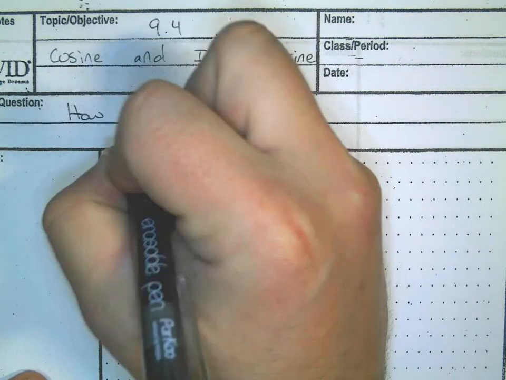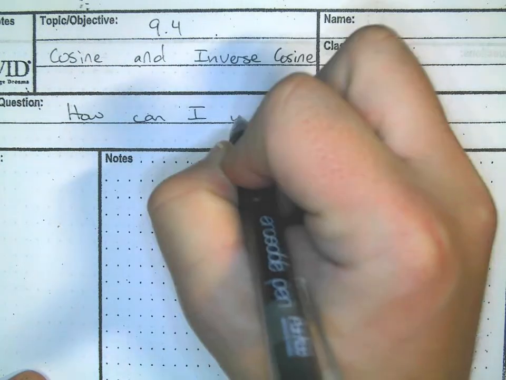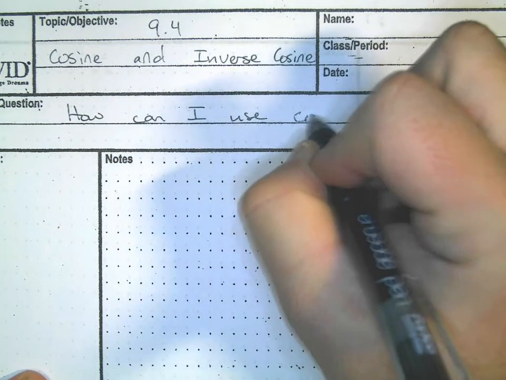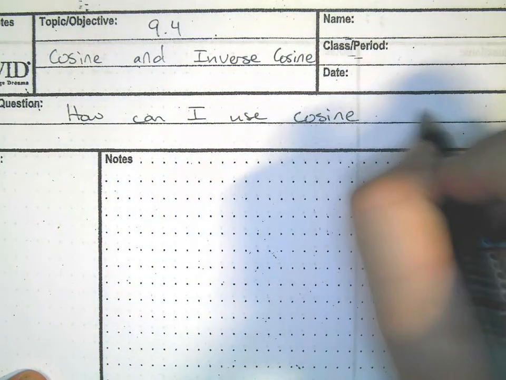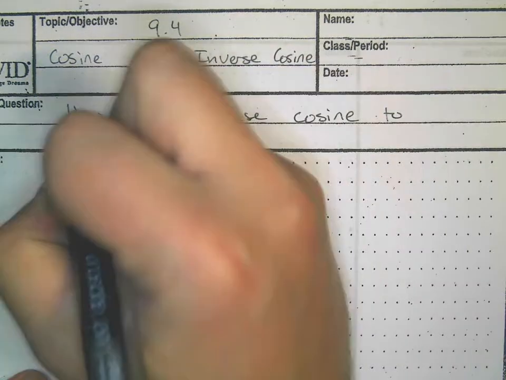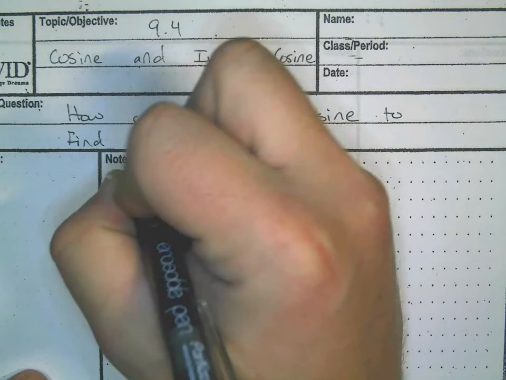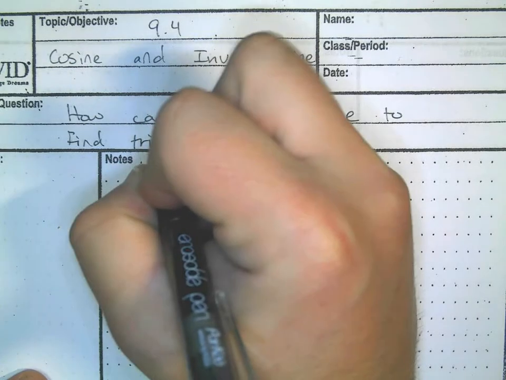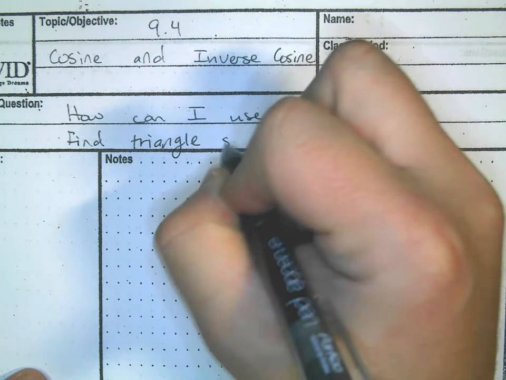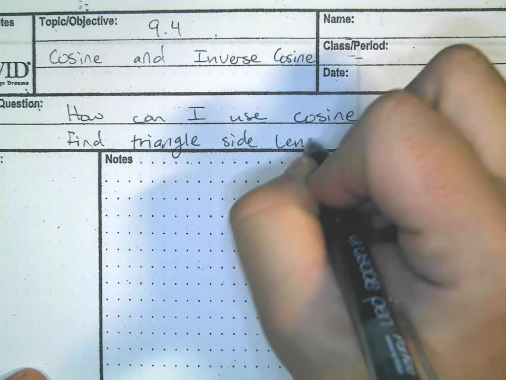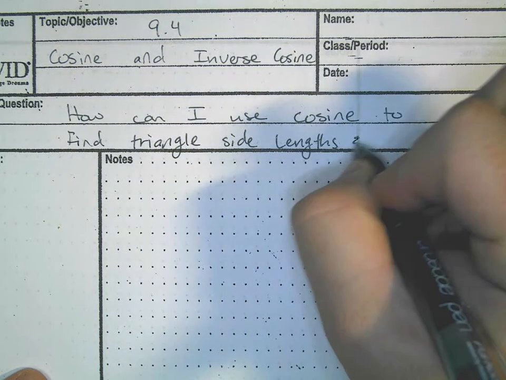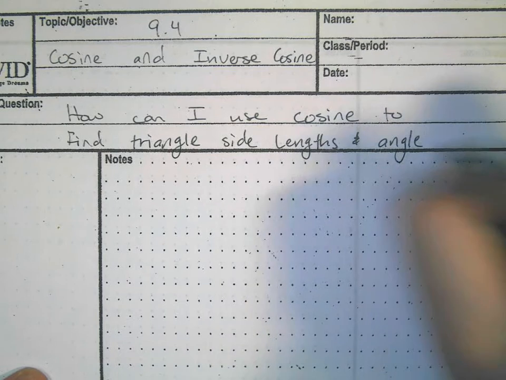And our essential question will be, how can I use cosine to find triangle side lengths and angle measures?